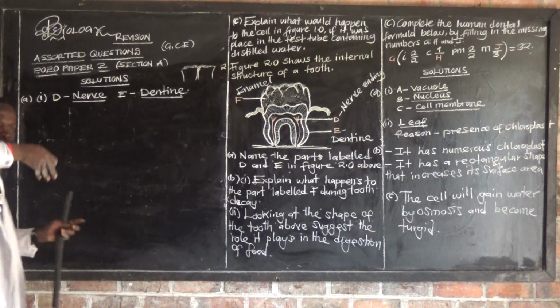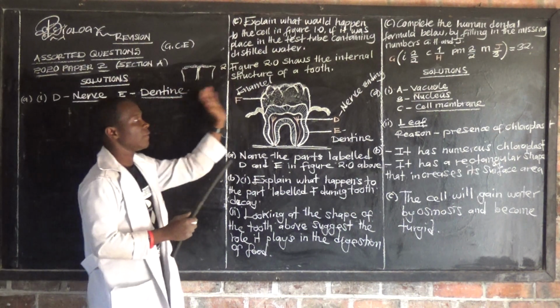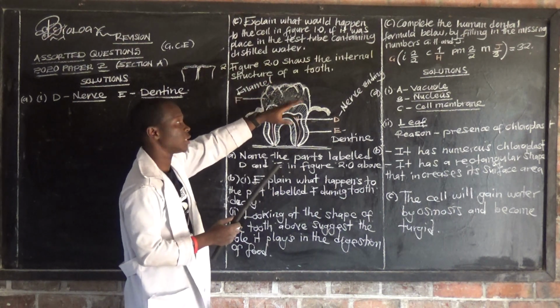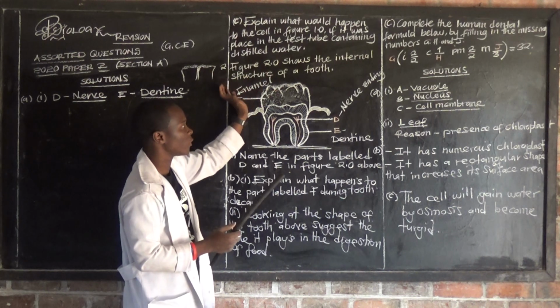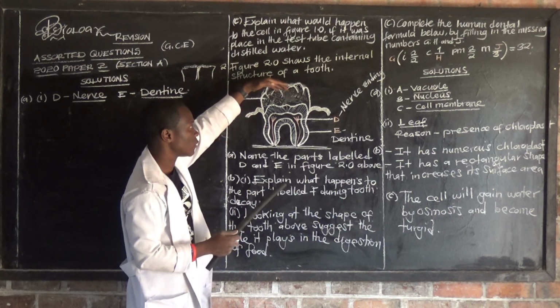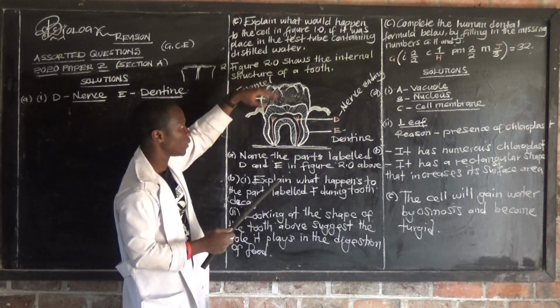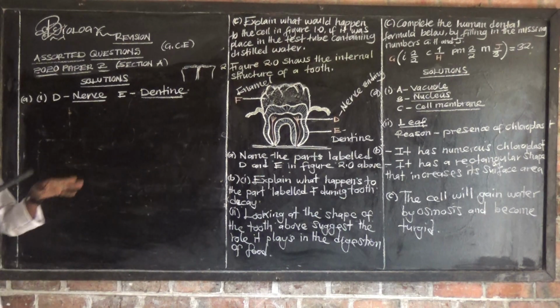Start forming a cavity. So what happens, I'm saying, if you have food particles between the teeth, or on top of the enamel, the bacteria in that food particle will start undergoing fermentation, which is anaerobic respiration.